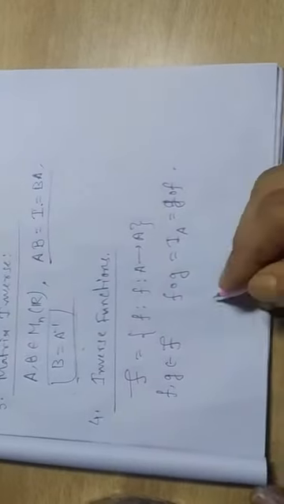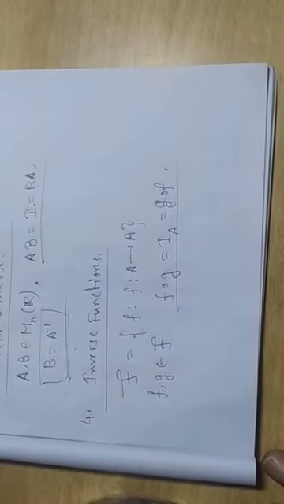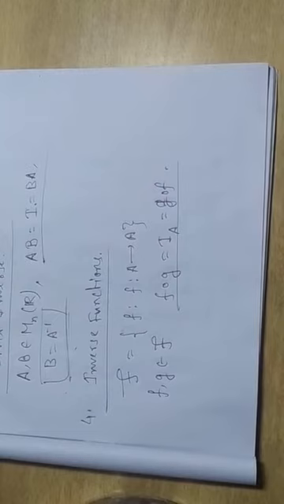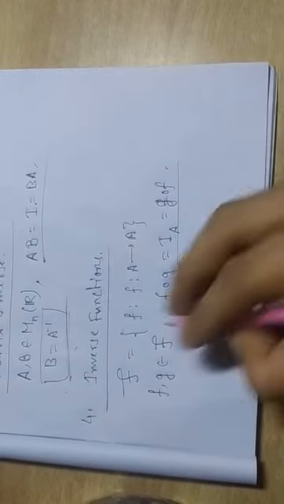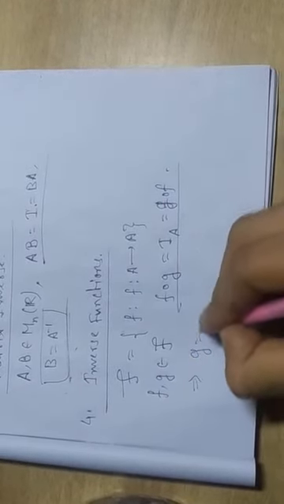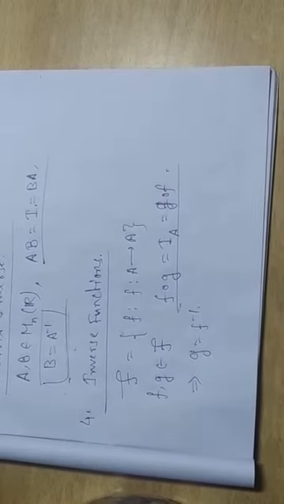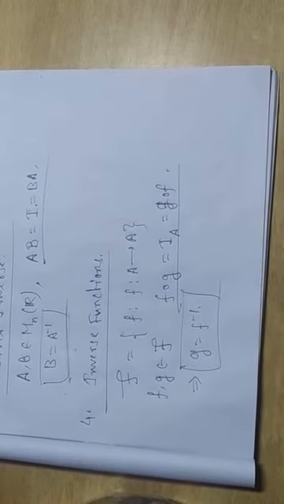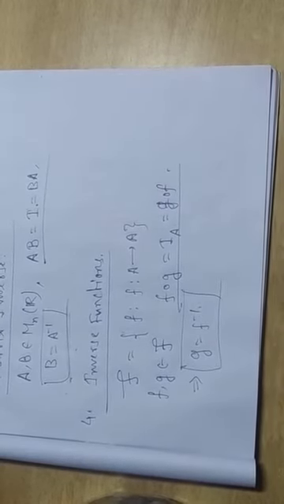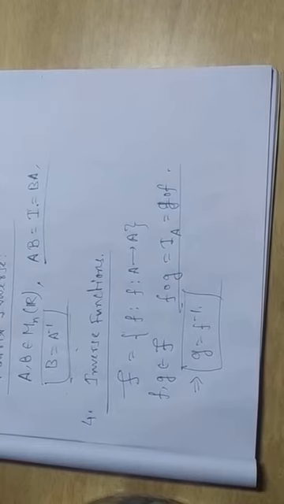This is the definition for inverse also, in terms of composition: if this happens then we can say that g is nothing but f inverse. So that's how the inverse of a function is defined using the composition of two functions.